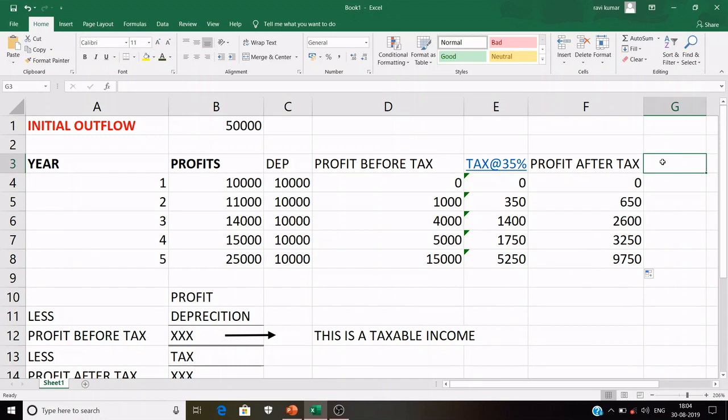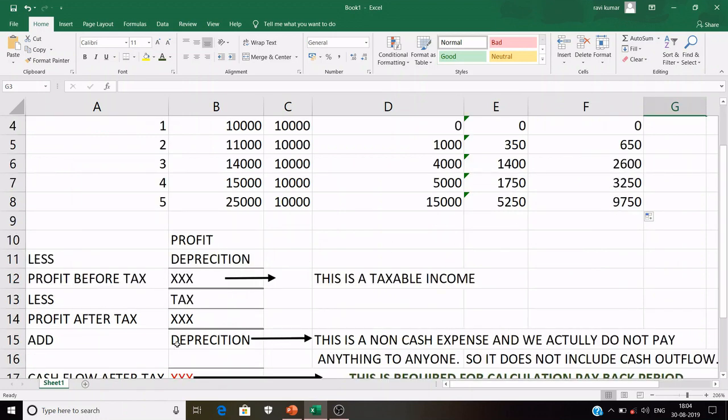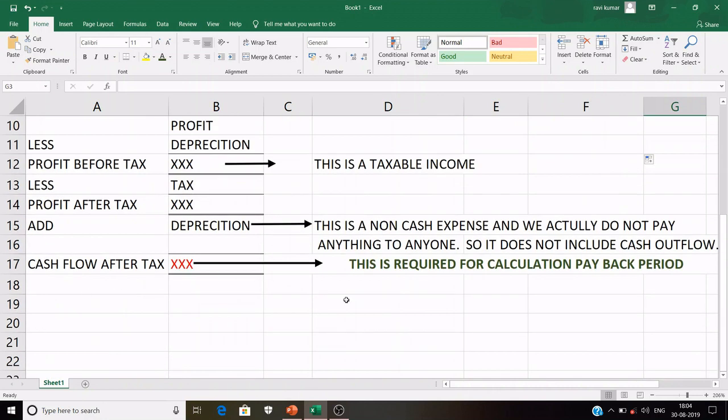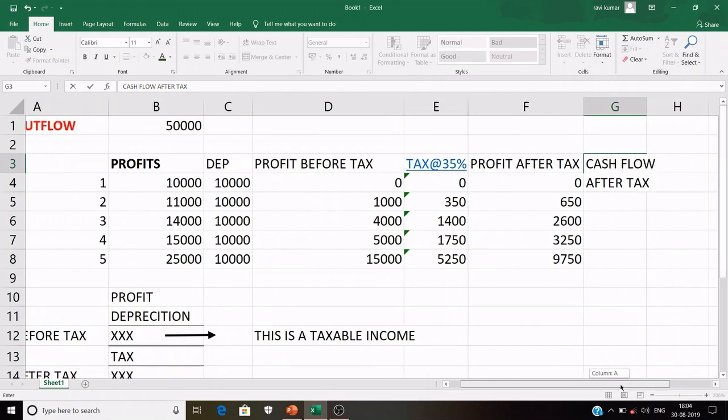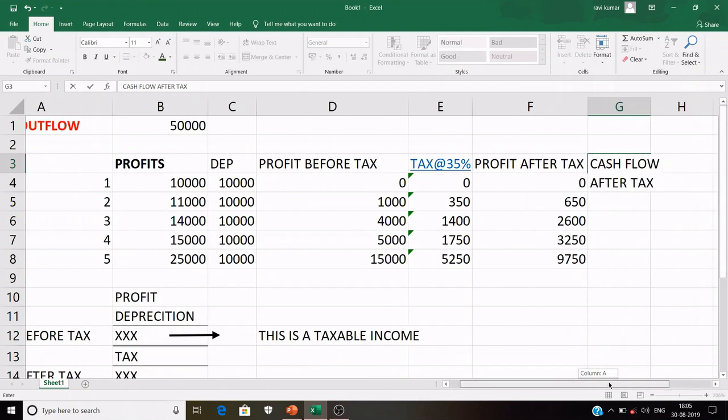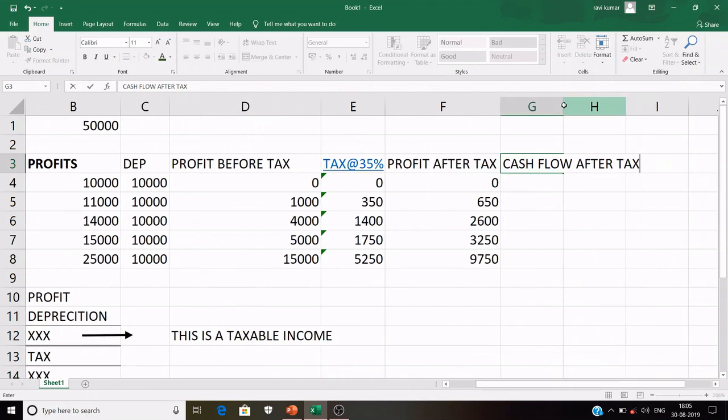Now what do we do? We again add depreciation because depreciation is a non-cash expense, to get cash flow after tax. So write cash flow after tax. Let me adjust.